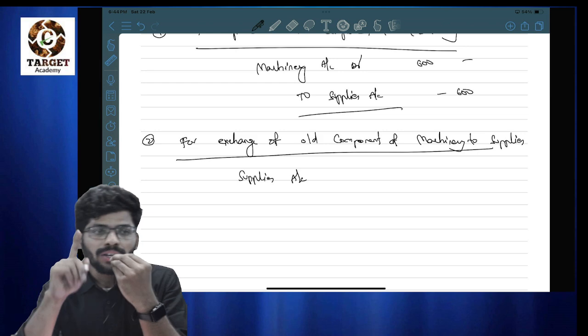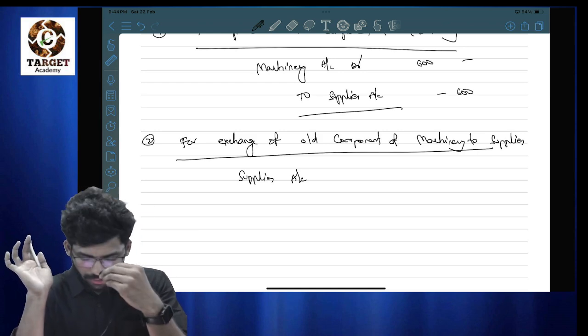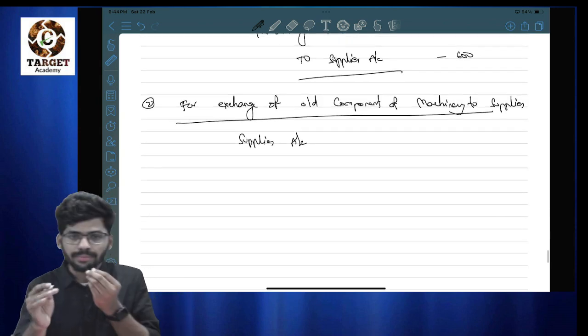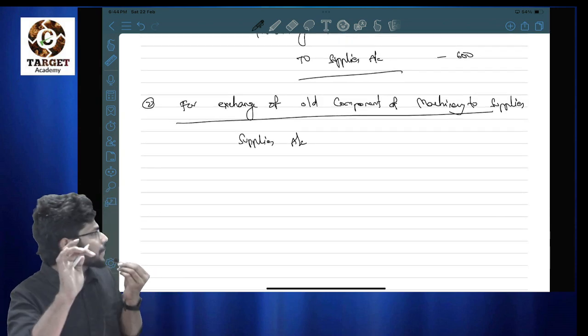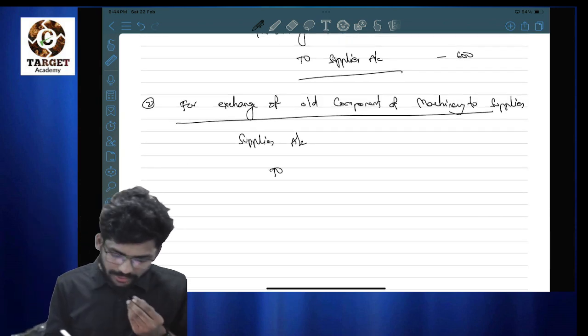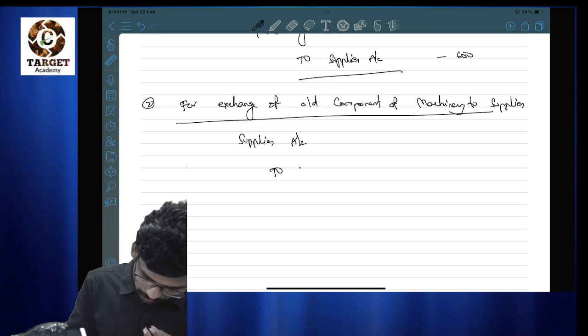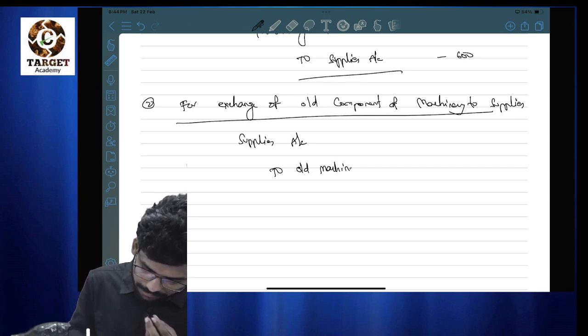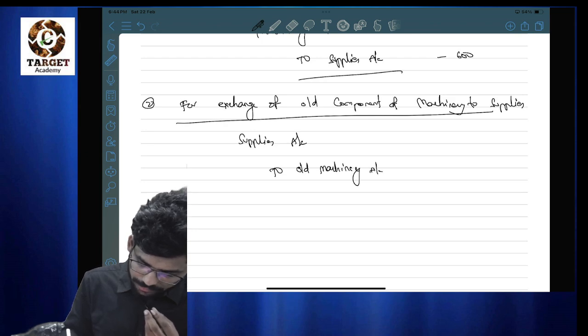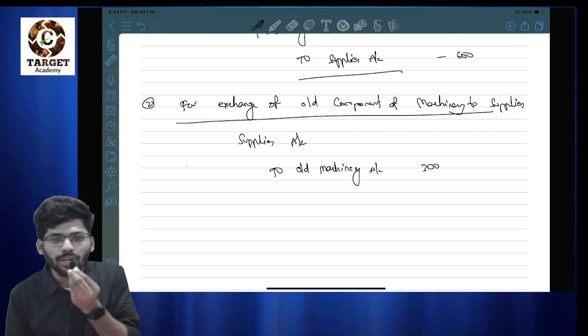Basically, the total 600 is the liability. I will write two entries, just wait. Please note down. Supplier account debit to old machinery, how much? 300, correct or not?